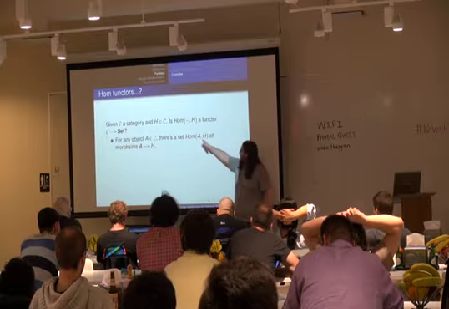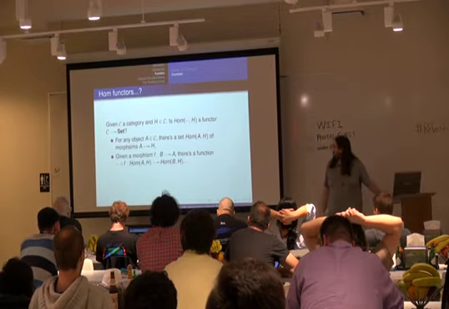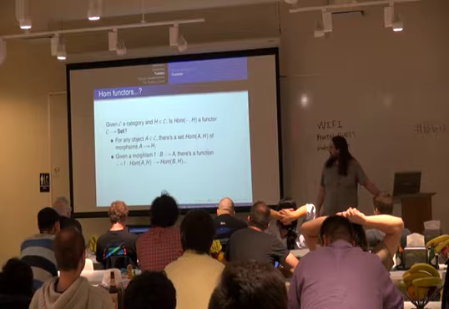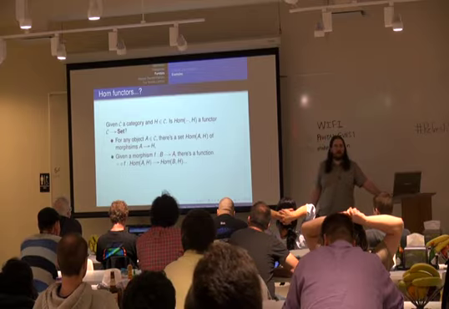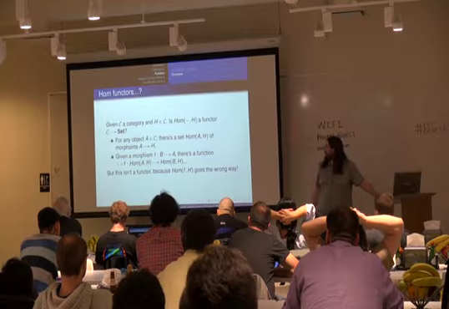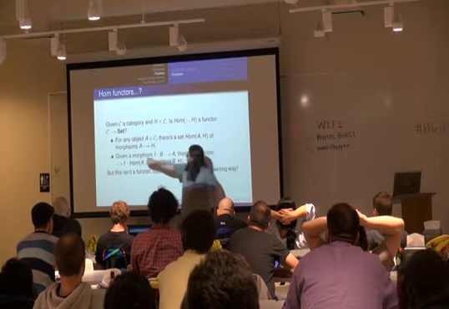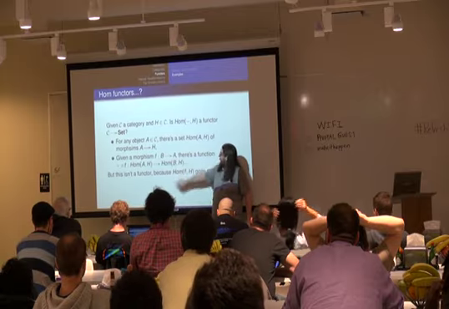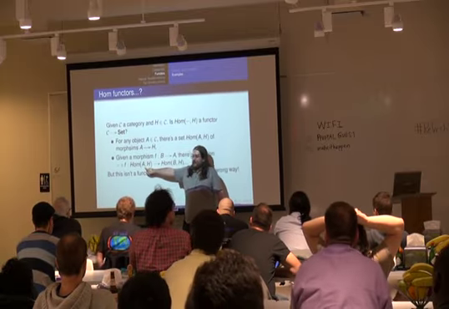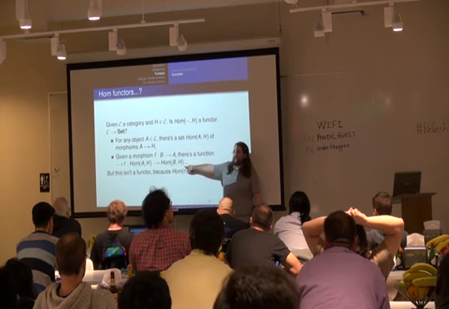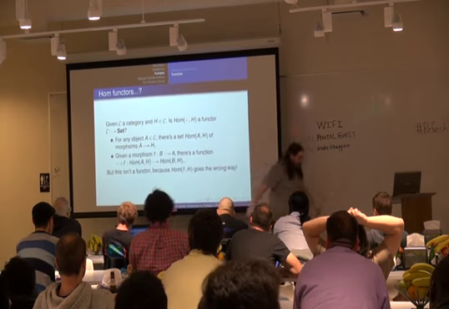Okay, I can send objects to sets, and I can send morphisms to functions, but if you're looking closely, you might see that something isn't quite right here. I started with a morphism going from B to A, and I ended up with a morphism going from the thing for A into the thing for B. I got F turned around.